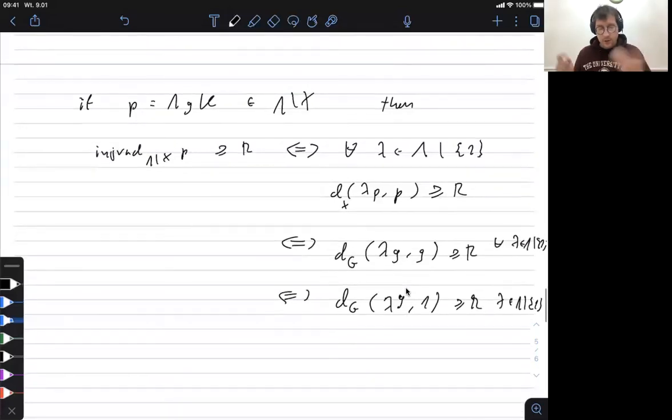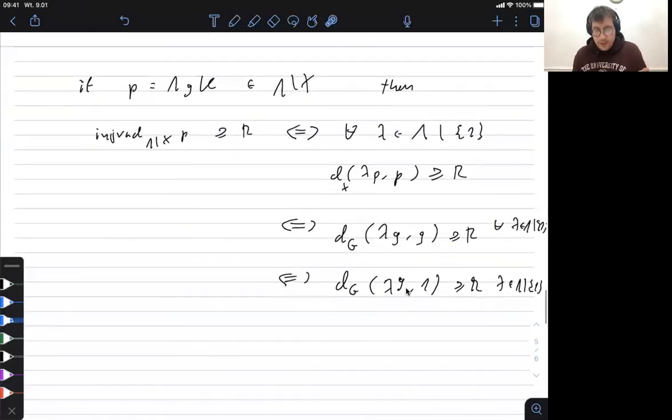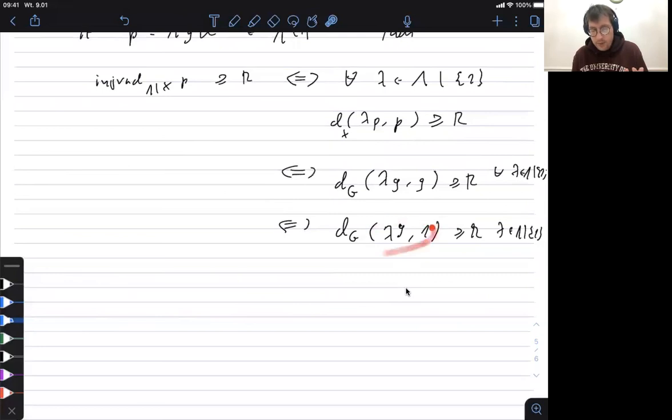So the condition on injectivity radius means that for every conjugate of lambda by g, you don't see elements which are closer than R to the identity.